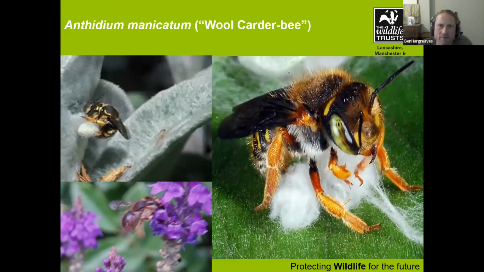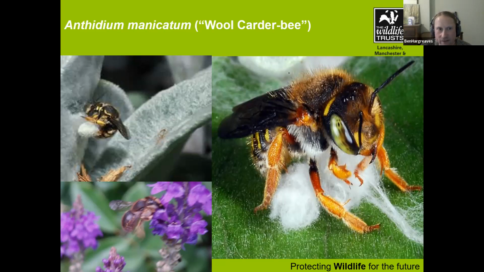Yeah, Anthidium manicatum, very distinctive member of this family. It gets a common name of wool carder. It could be a bit confusing because we've got the bumblebees as well. But it gets that name from carding, or wool carding, as the common name would suggest.